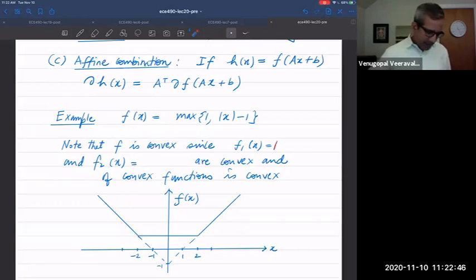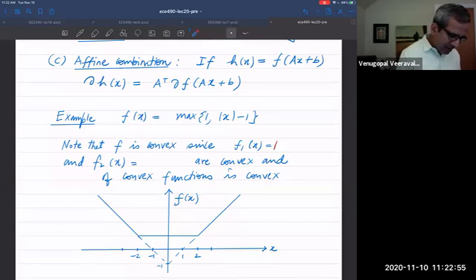So let's see. In this example, the function is the max of 1 and absolute value of x minus 1. Now this is a convex function. And why is it a convex function? Because if you look at the components that make up this max, we have f1 of x equal to 1, and f2 of x is absolute value of x minus 1.